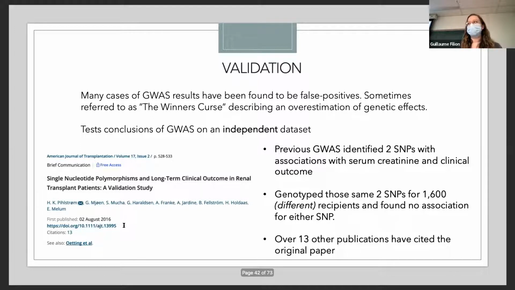Any other questions with this? Yeah, just out of curiosity, say you were to conduct a study regarding this. We're talking about the transplant, was it renal? Yeah, renal transplant.